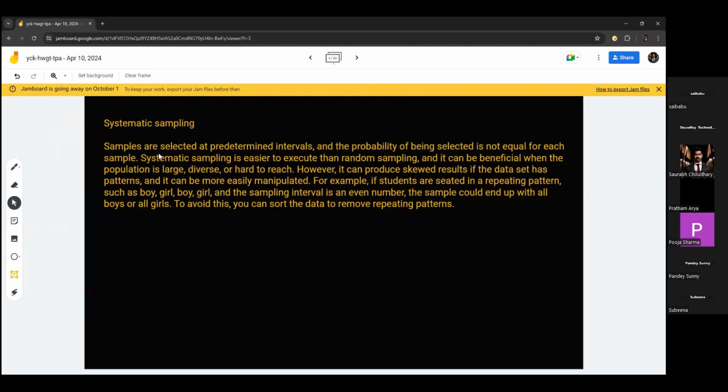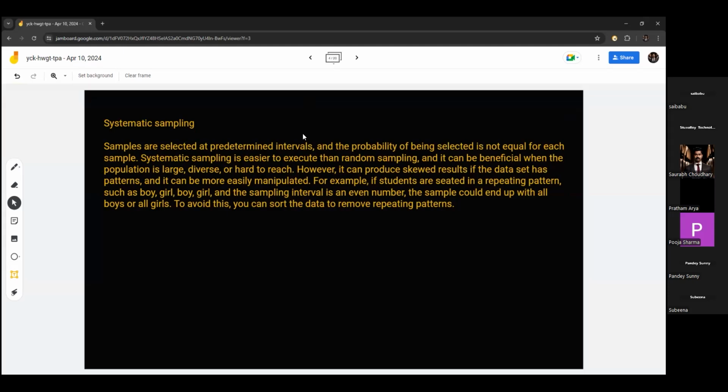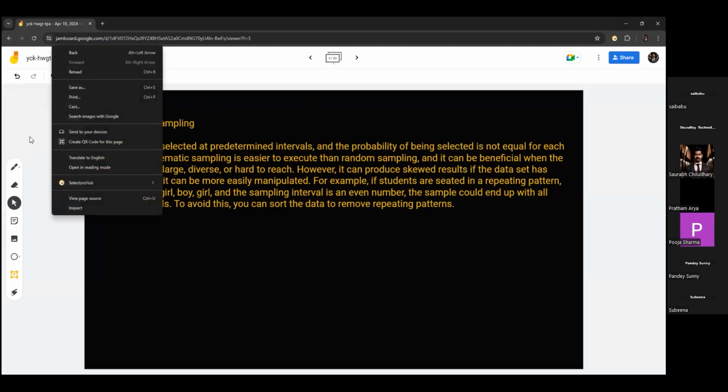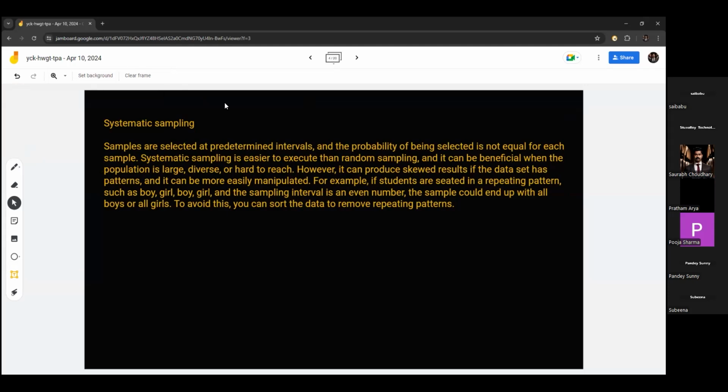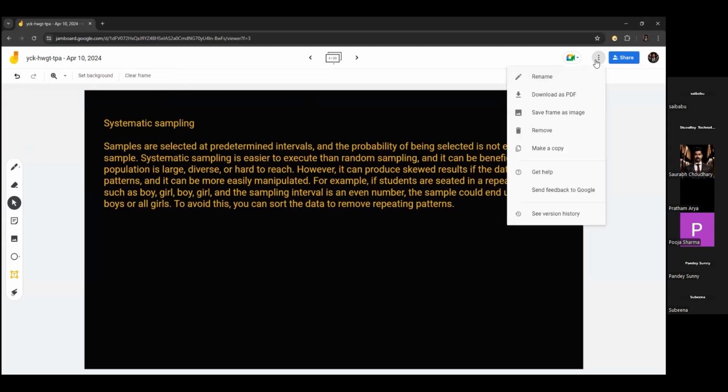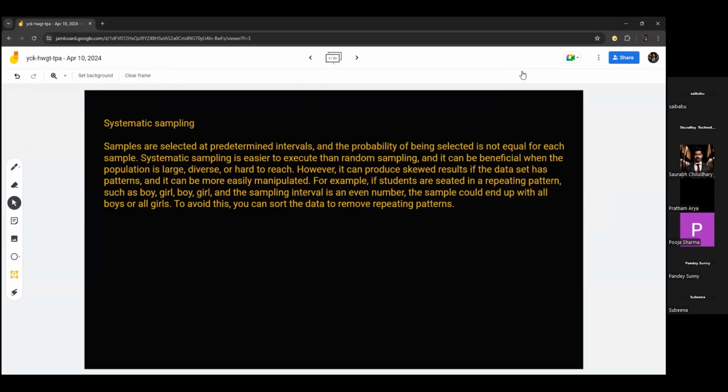Okay, so systematic sampling. Samples are selected at predetermined intervals, and the probability of being selected is not equal.